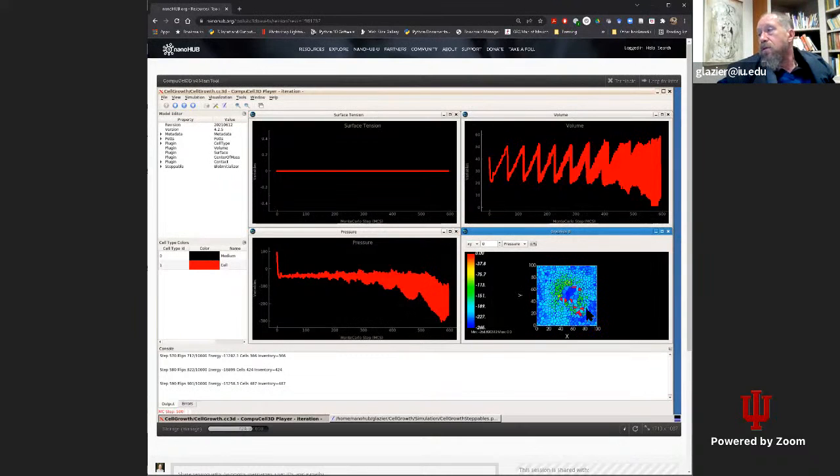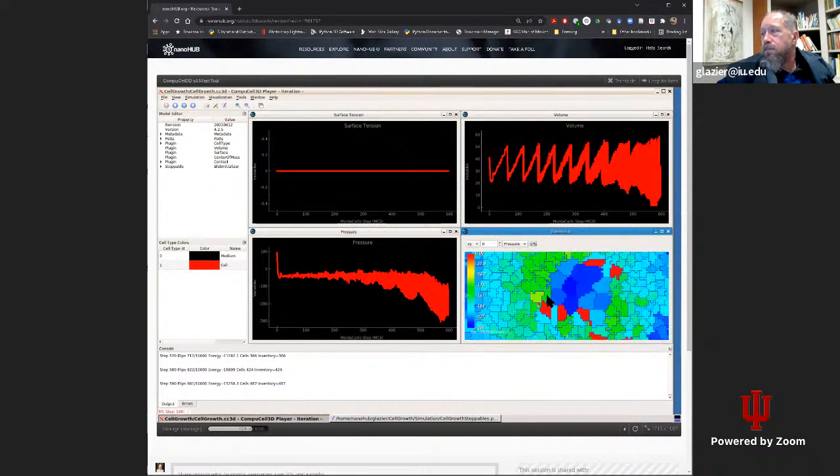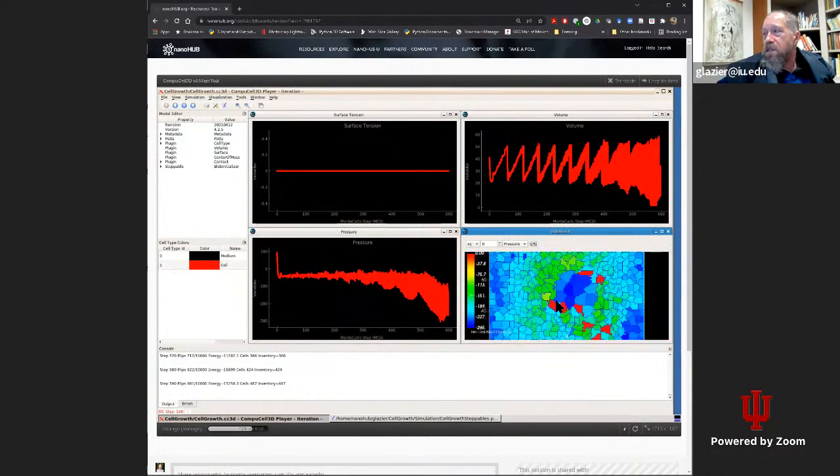I can't tell you whether this particular pattern that I've picked is going to equilibrate or not. It looks like it's getting more uniform. If I zoom in, I see that there are some big cells in the middle, but most of the cells are almost the same size.